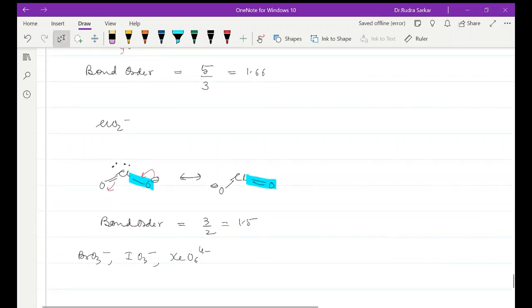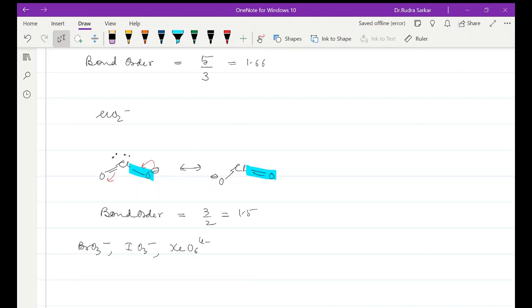Now, one important part over here that I wanted to discuss is the partial charge in the resonance hybrid. So the resonance hybrid for ClO2 minus will obviously look something like that.